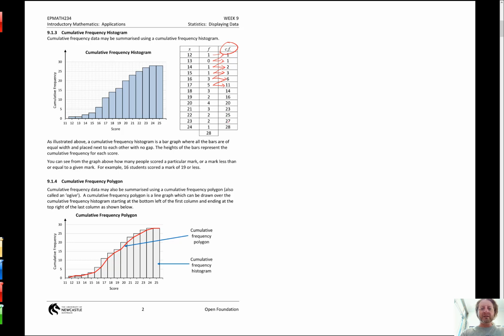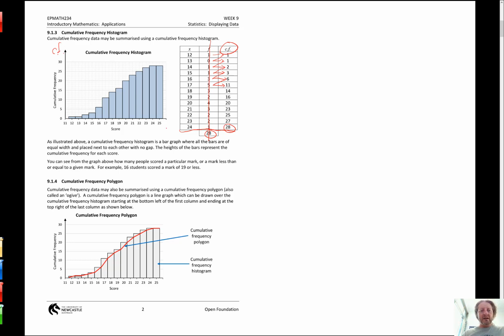We also made the point that the last cumulative frequency number we had was the same as the total of the frequency column. If there are 28 scores, this last score must go up to the 28th. And they add up to 28, so that's always going to happen. As for graphing it, well, it's fairly straightforward. Instead of graphing the F column, I'm graphing the CF column versus the score.